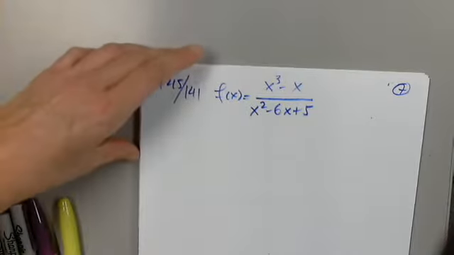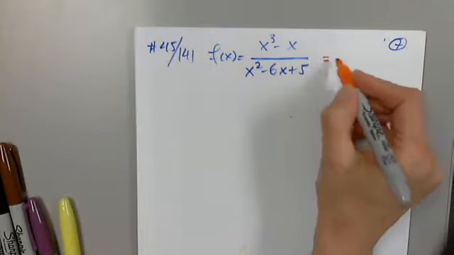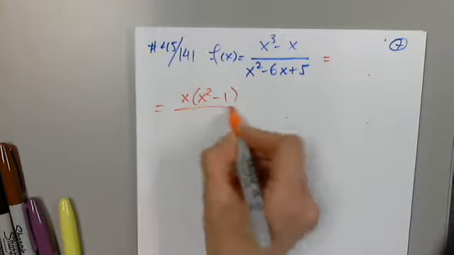Okay, good. So I'm looking at this function. I'm asked to find all its asymptotes, vertical, horizontal, whatever, if they exist. So I will start by factoring the numerator, x, and then x squared minus 1.